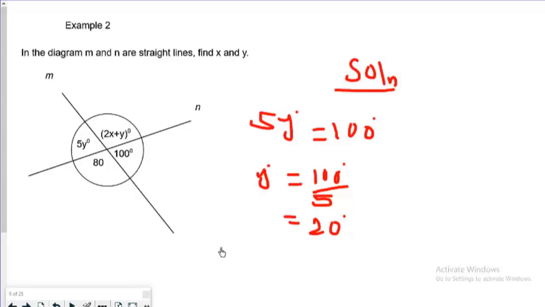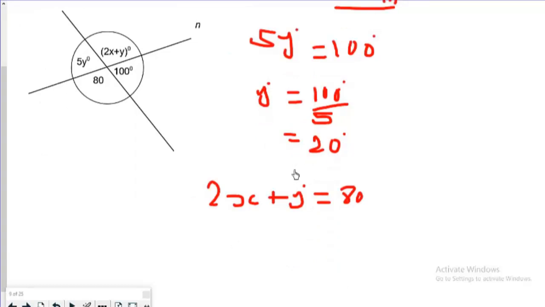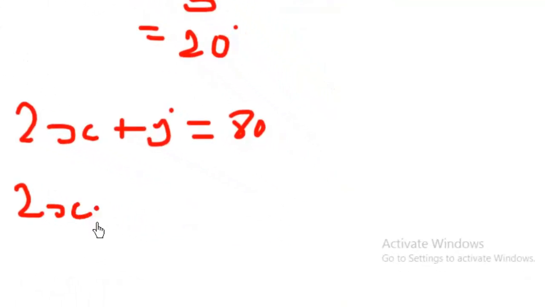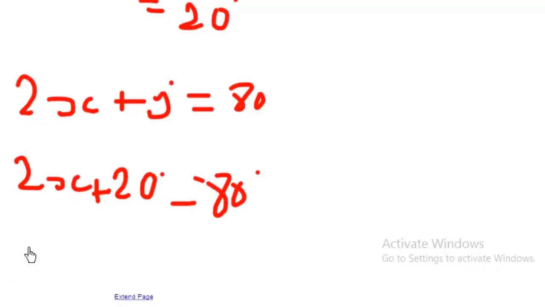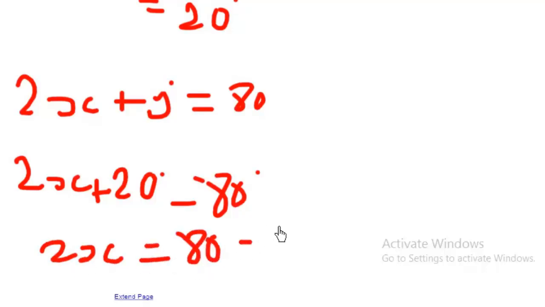Now I'm left with the x. And I also know that from vertically opposite angles, 2x plus y should be equal to 80. So substituting this, we have 2x plus 20 is equal to 80. So this implies that my 2x is equal to 80 minus 20.